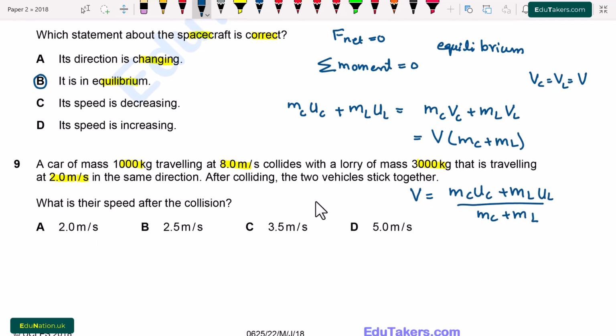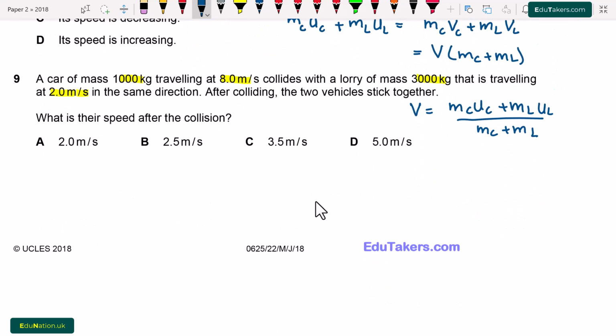Now I'm going to put values here. V will be equal to mass of car is 1000 kilogram multiplied by its speed is 8.0 plus the mass of lorry is 3000 multiplied by speed is 2.0, divided by the sum of both of these masses.